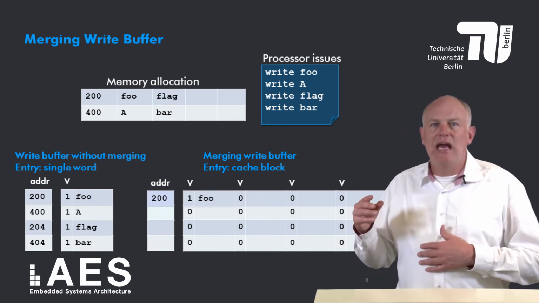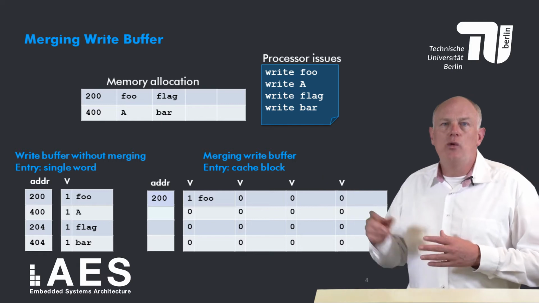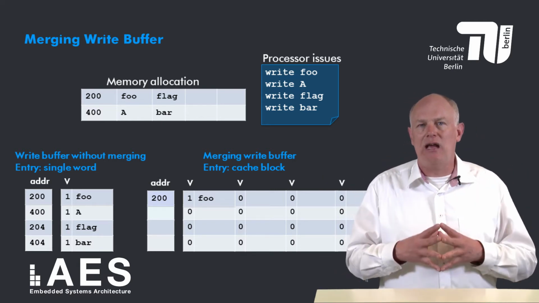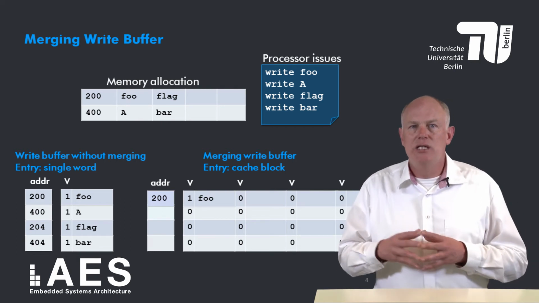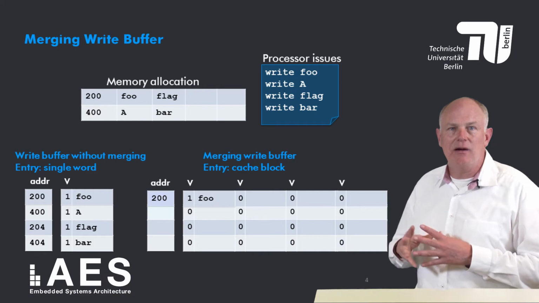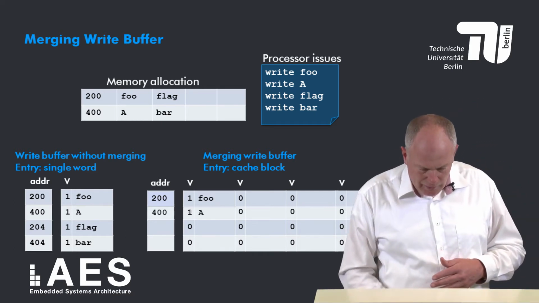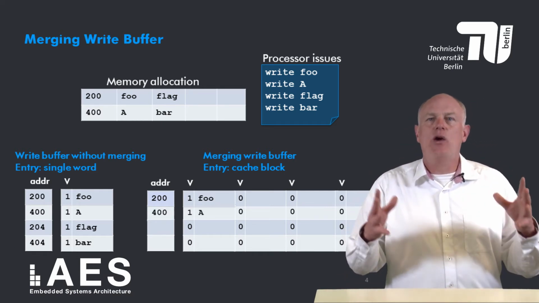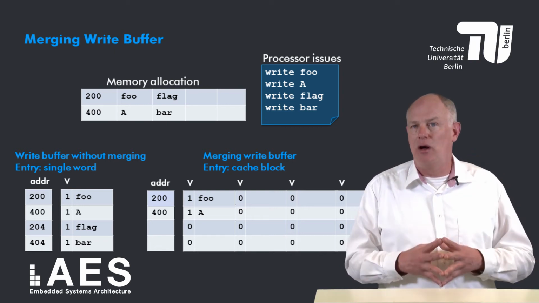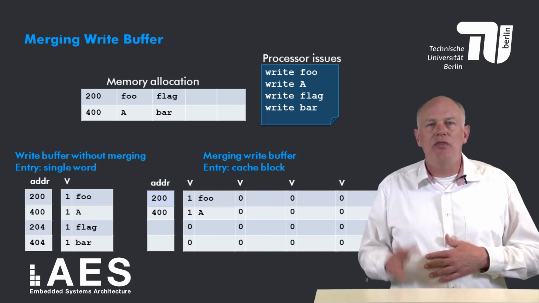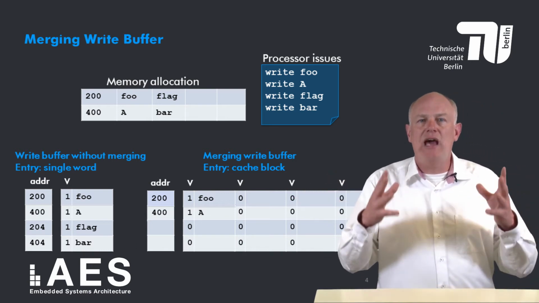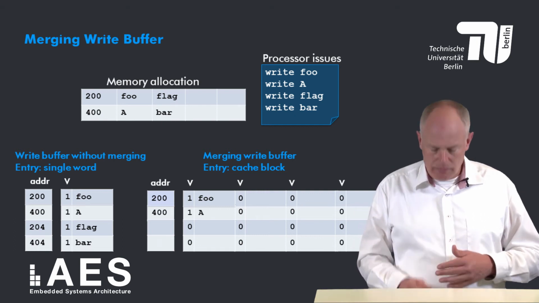As the memory allocation table shows, foo corresponds to the first word in the memory block that starts at address 200, so it will be placed in the merging buffer as shown here. Next, the core writes A. A corresponds to the first word of the memory block that starts at address 400, so it will be placed at this position in the merging write buffer, and only that valid bit will be set.